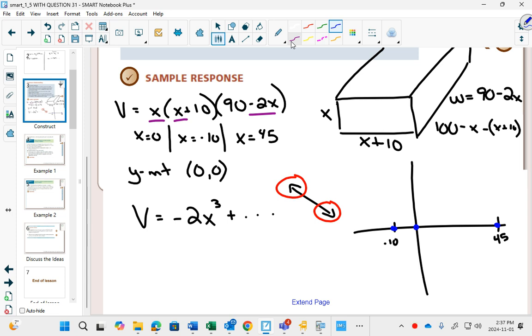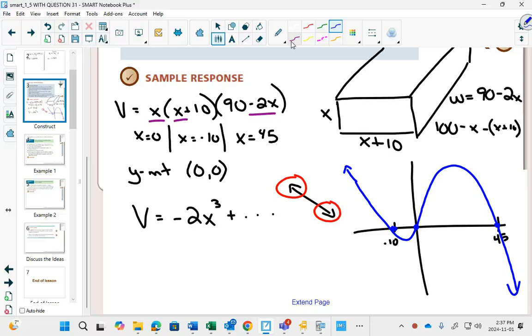And because the end behavior looks like this, and because the multiplicity of each x-intercept is 1, you know your graph has to go straight through each of those x-intercepts. So now when I'm drawing my graph, nice smooth curve, straight through, straight through, straight through, ends down there. Here is the graph that we're working with.